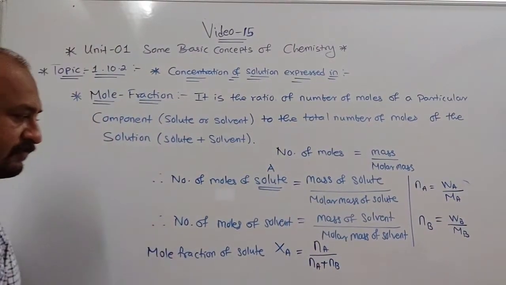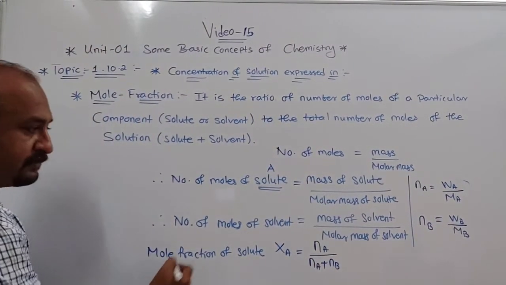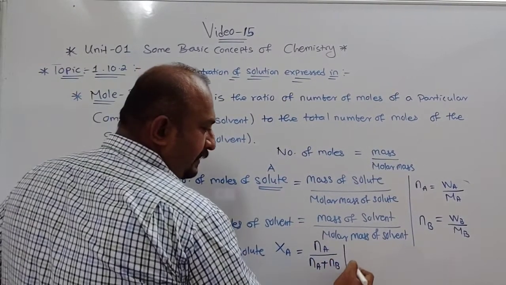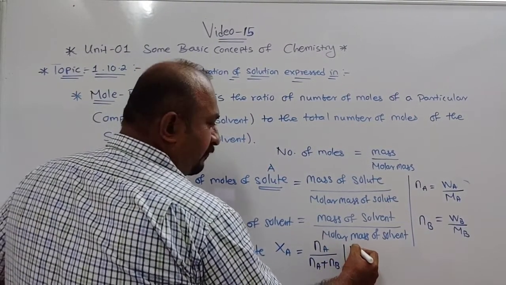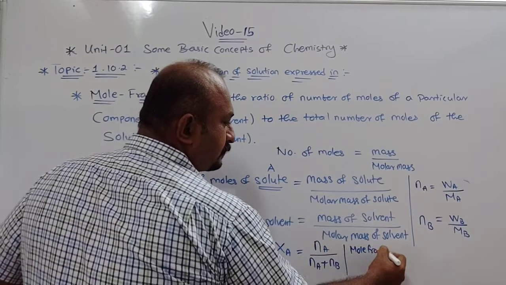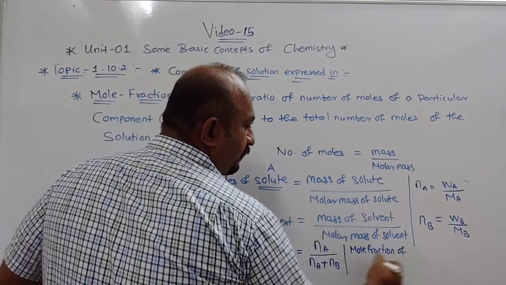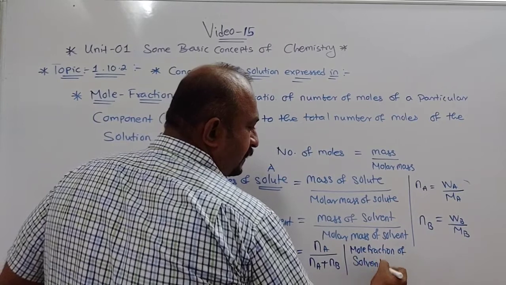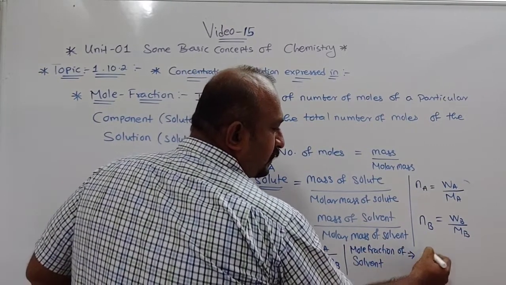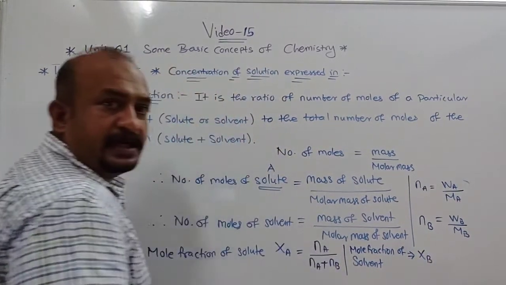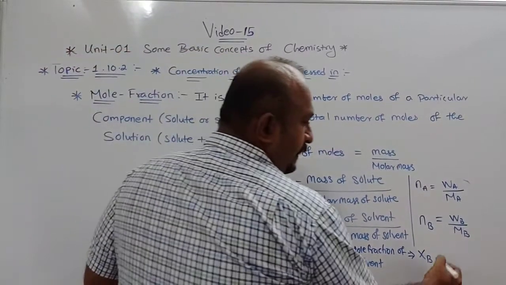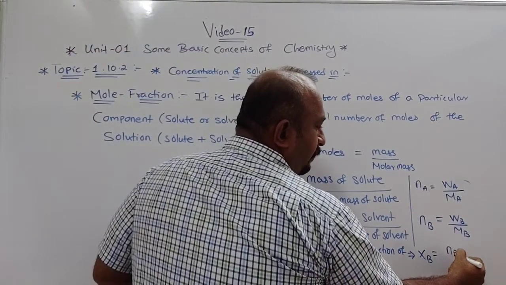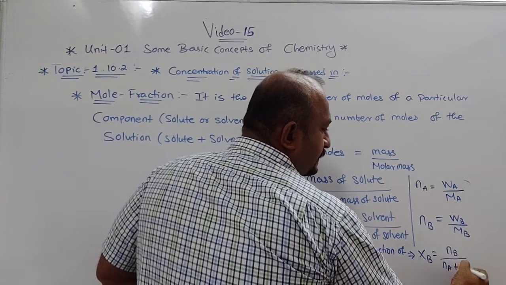In the same way, if you want to find it for solvent, the mole fraction of solvent I will write as XB, and XB is equal to Nb upon Na plus Nb.